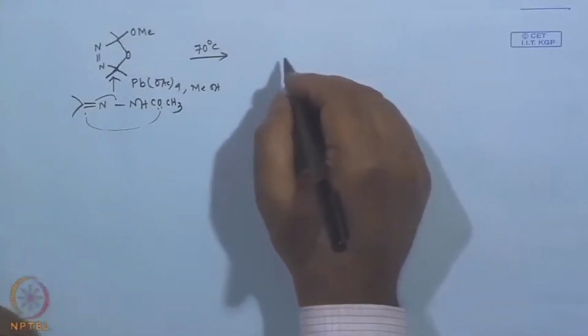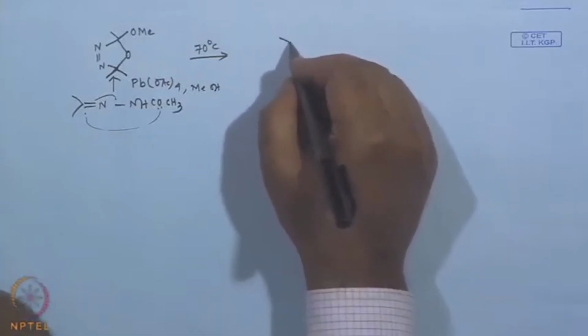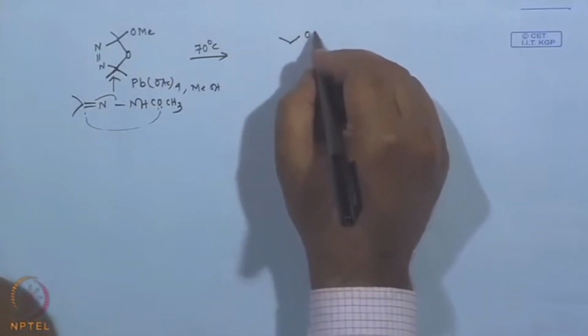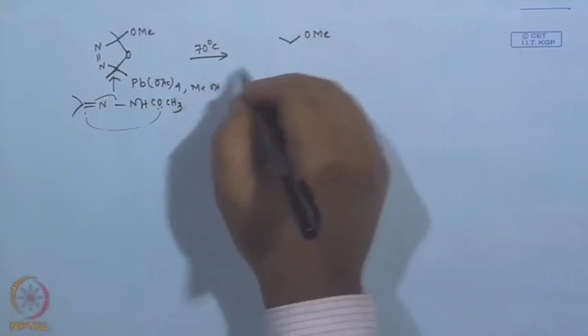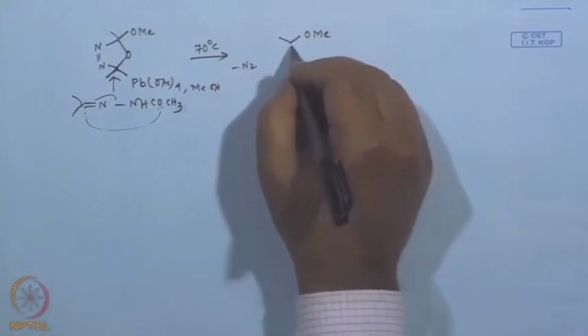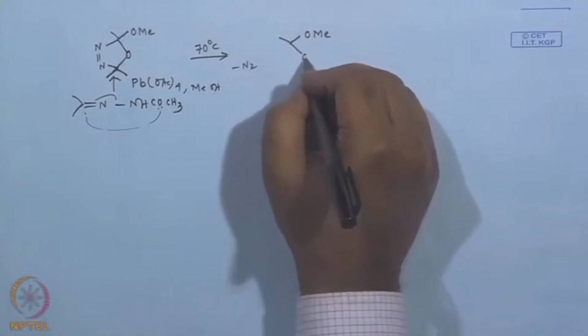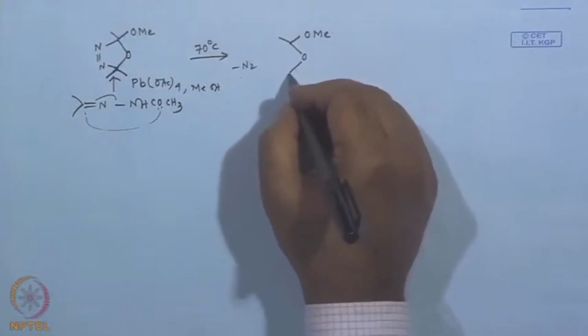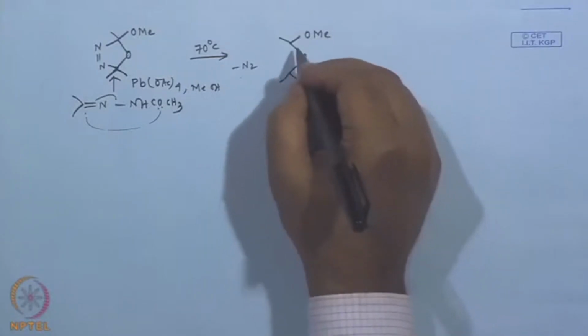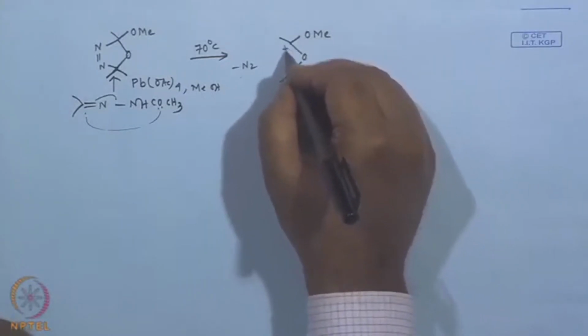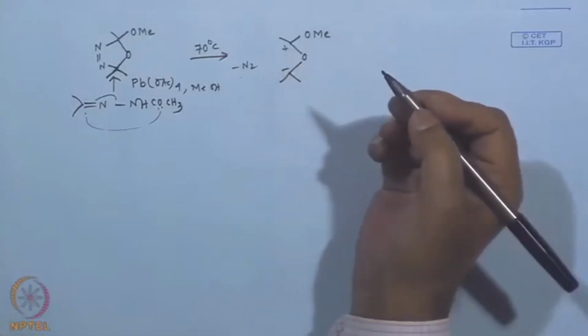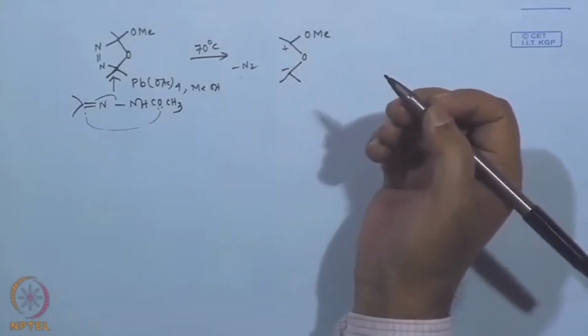Someone probably would argue that okay, this compound will have a diradical structure with loss of nitrogen, but the mechanistic organic chemists suggested that this compound has a dipolar structure, like this. Okay.